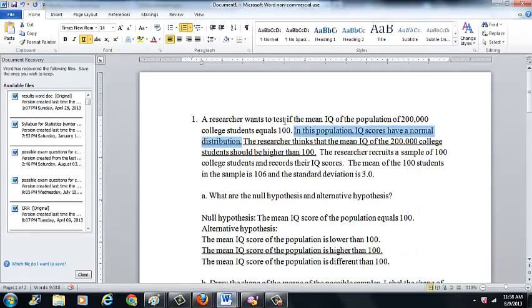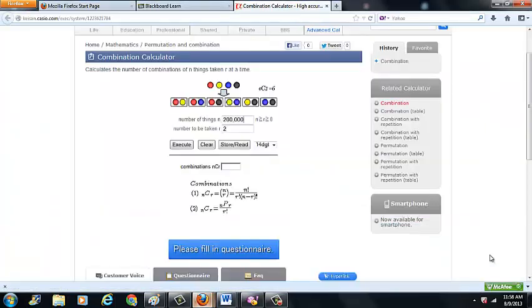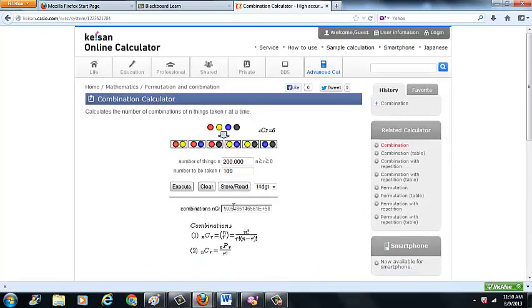Right here it says the researcher wants to test if the mean IQ of the population of 200,000 students equals 100. We also have to know how large our sample is. Right here it says the researcher recruits a sample of 100 college students. That's our sample size. So here we type in 100. We get our number of combinations right here.